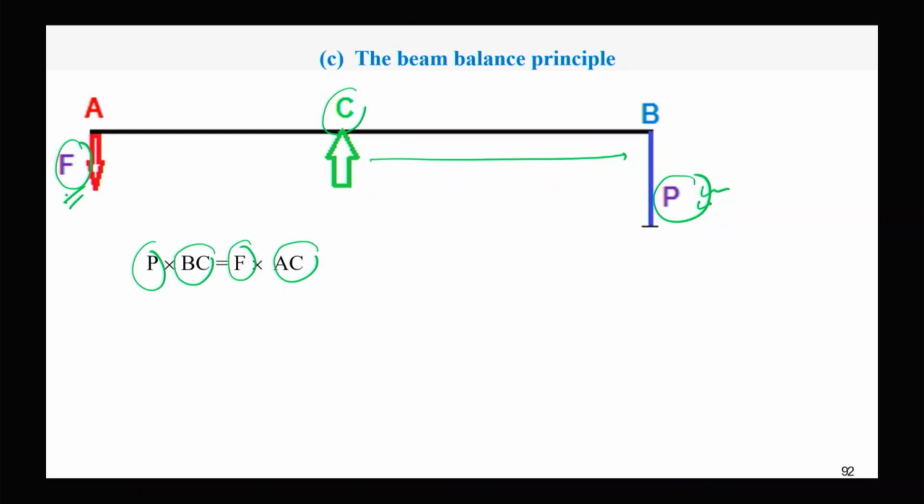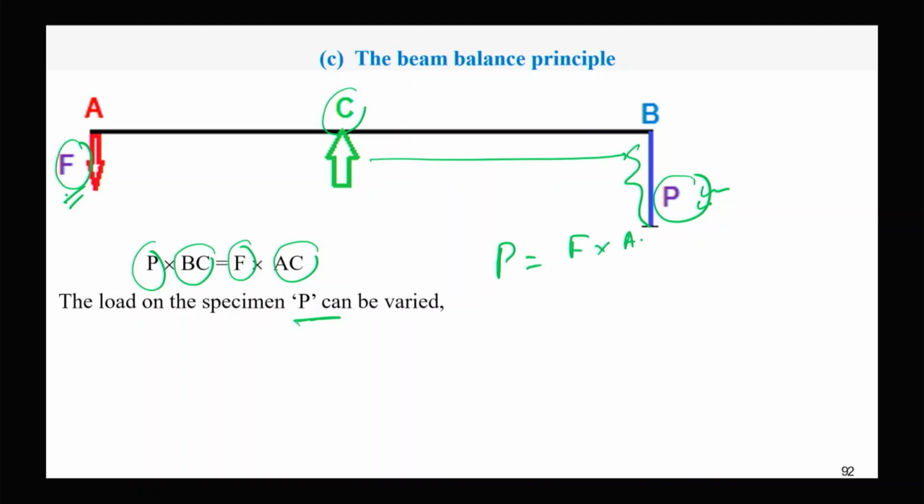So this is the relationship where P is the force on the specimen. This force on the specimen can be varied, so P equals F multiplied by AC by BC.